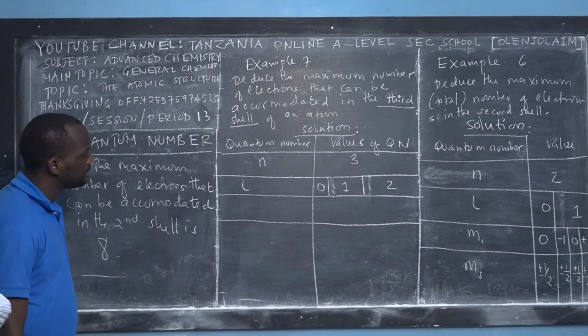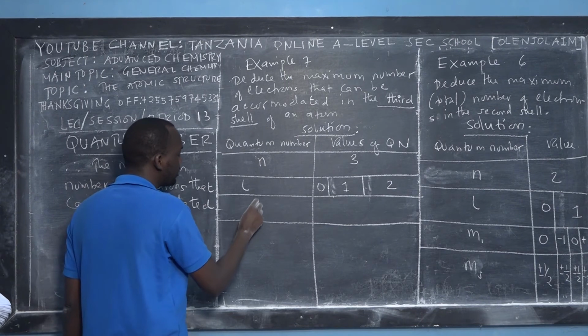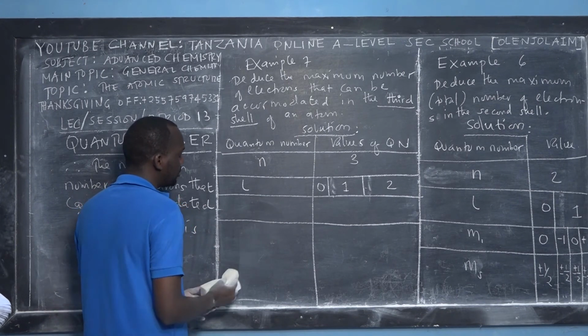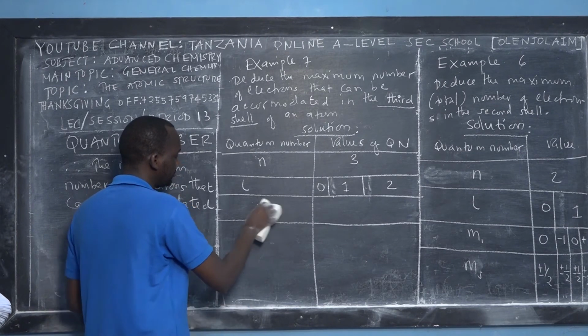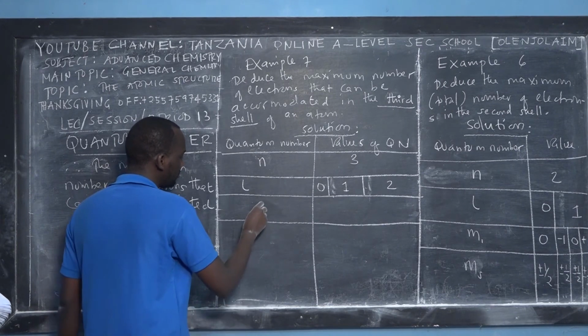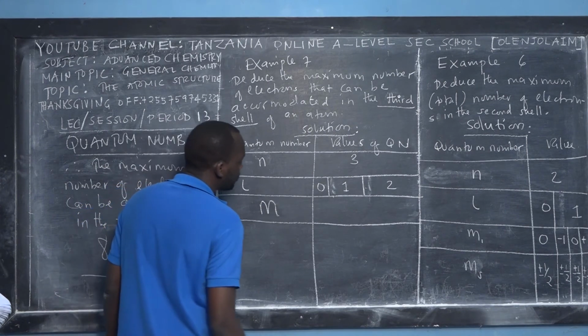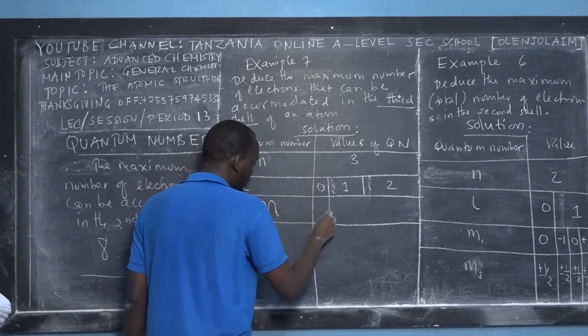Then the next quantum number we call the magnetic quantum number, lowercase m subscript l. For l equal to 0, we are going to have 0.